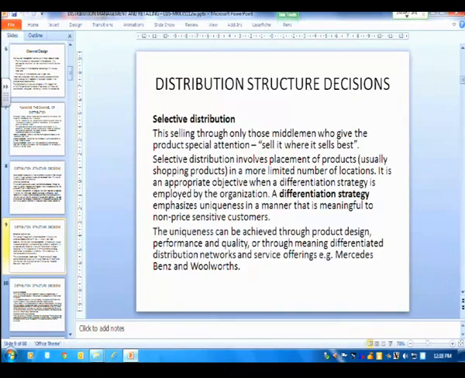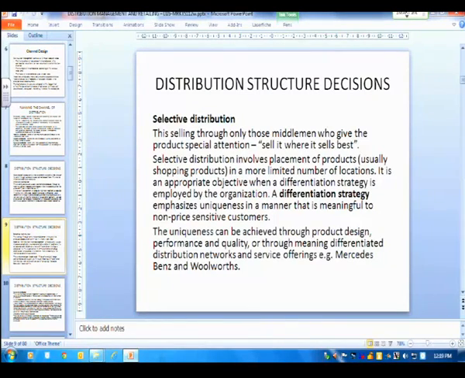A differentiation strategy emphasizes uniqueness in a manner that is meaningful to non-price-sensitive customers. Hence, the emphasis here is to come up with a product that is so unique, so different from the rest of the products on the market.